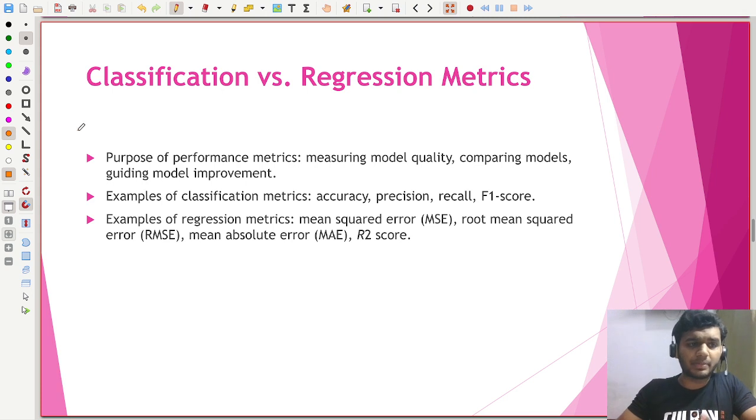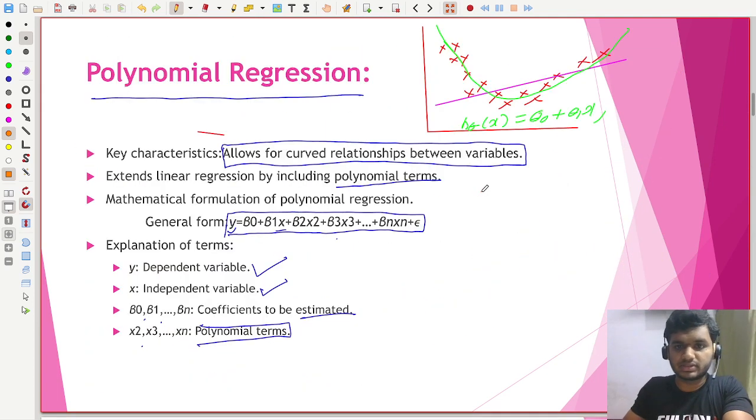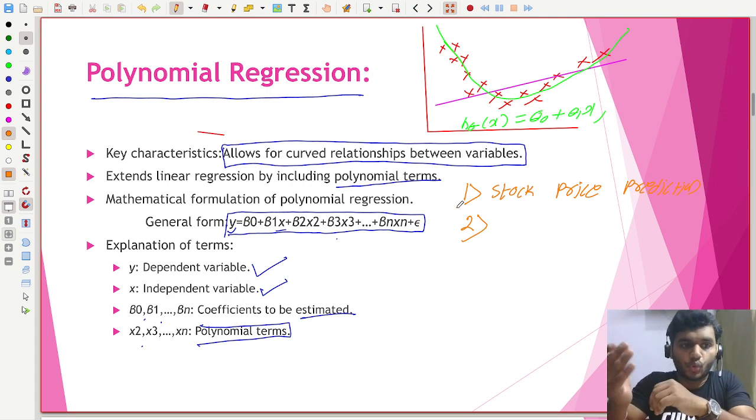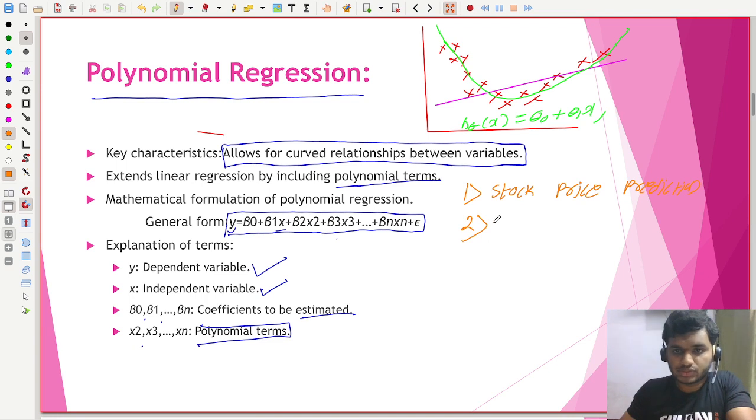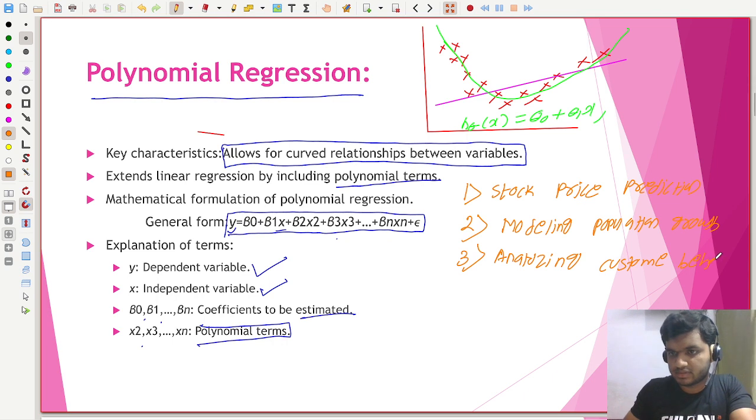Real world applications of polynomial regression are predicting stock price based on historical data, modeling population growth in biological science, and analyzing customer behavior in marketing research. These are some applications.